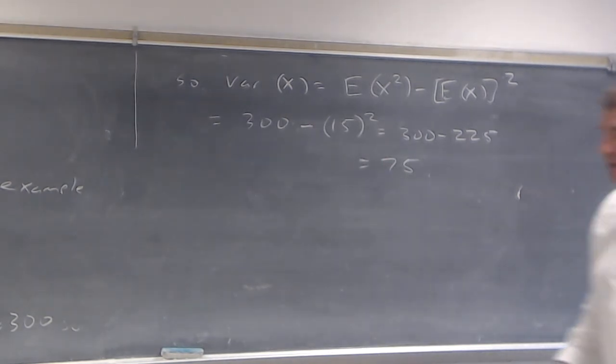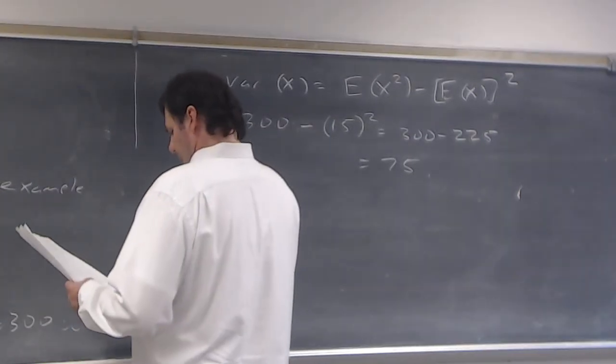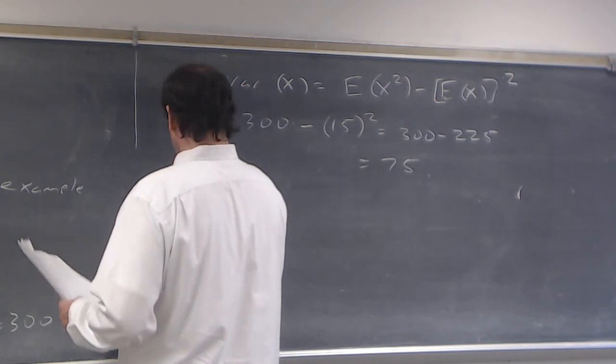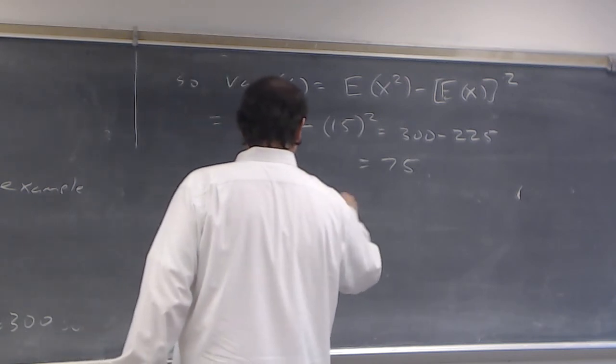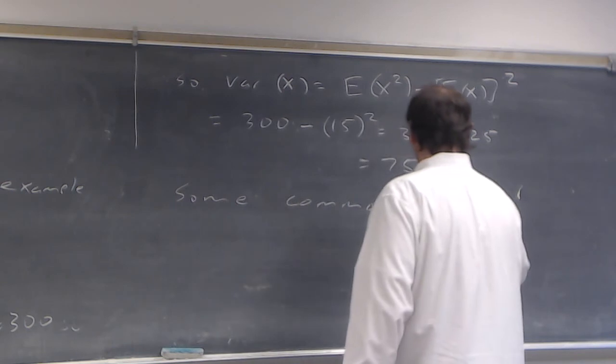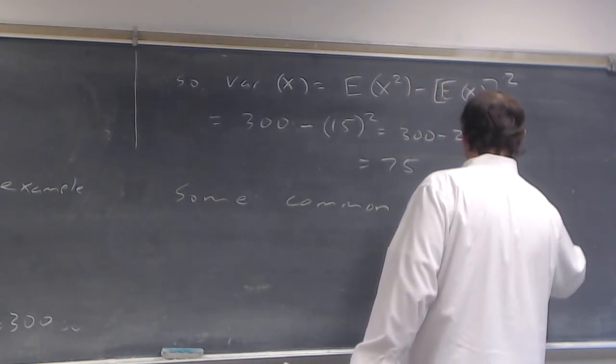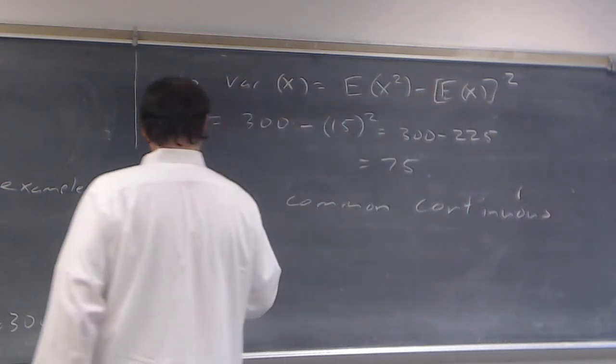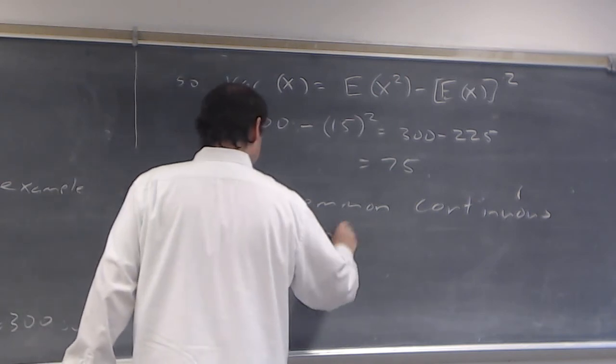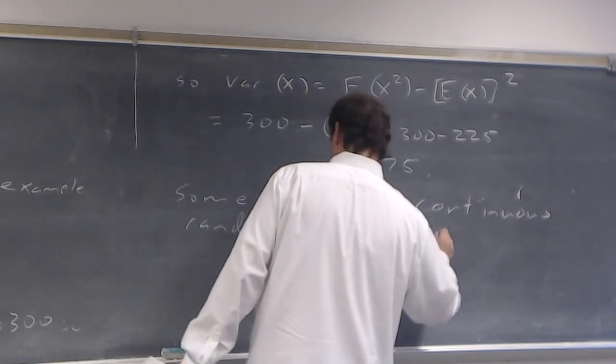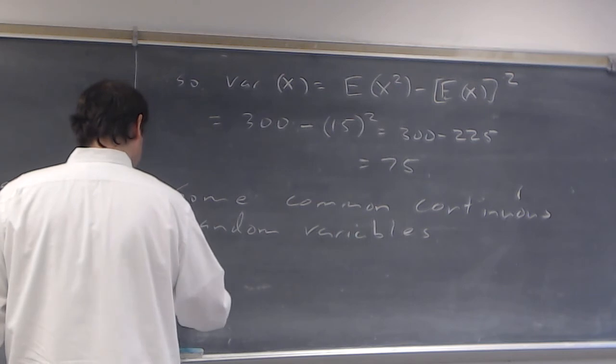Example. Ladies and gentlemen, what I want to do next is talk about some common continuous random variables. And the first one I'm going to start off with is a uniform random variable. And so here's a definition.